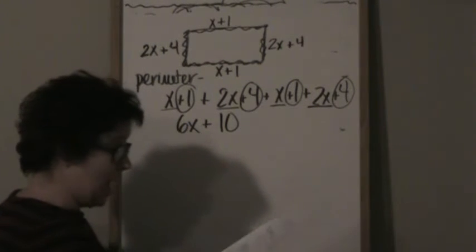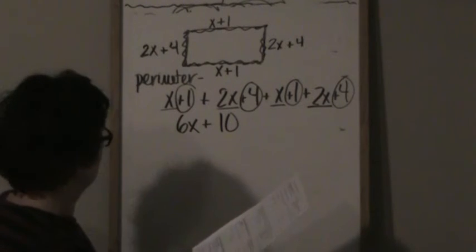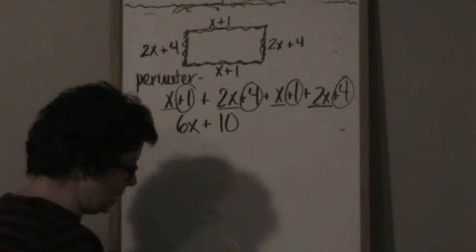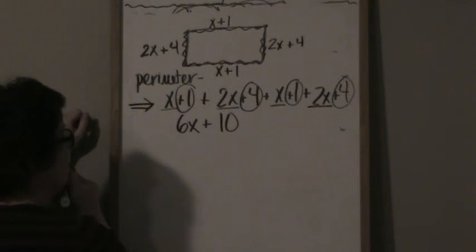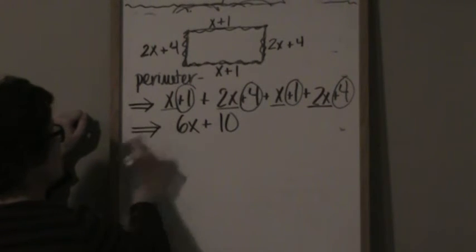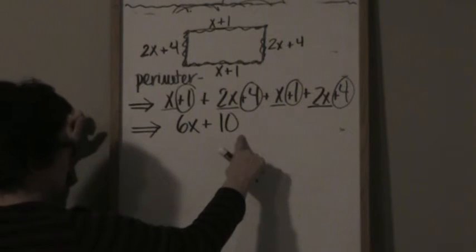Oh, look, I did not follow directions because I solved it. Yes, I did. It just says to write an expression. So if you wrote this, that's okay. Actually, if you combine like terms and came down to this, that's okay too, because this is still an expression.